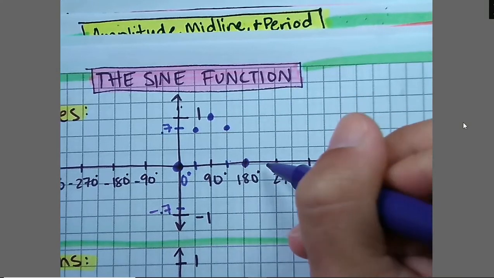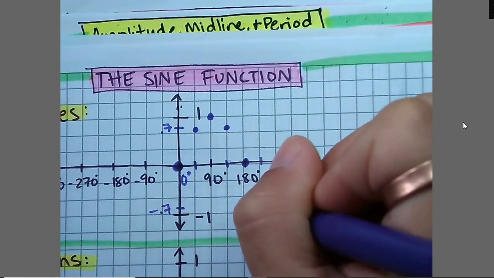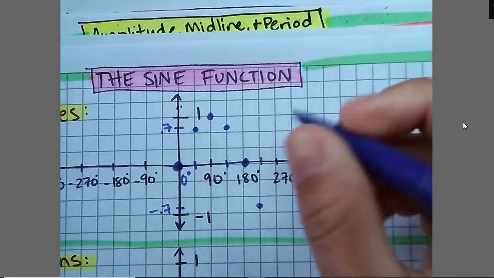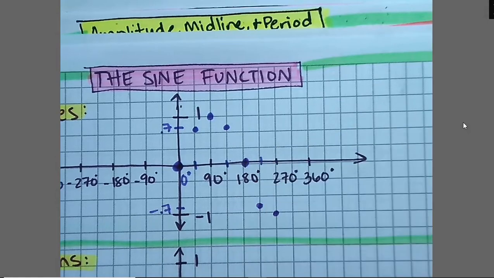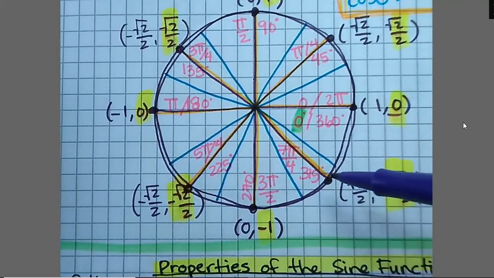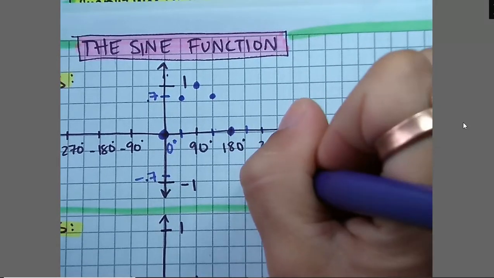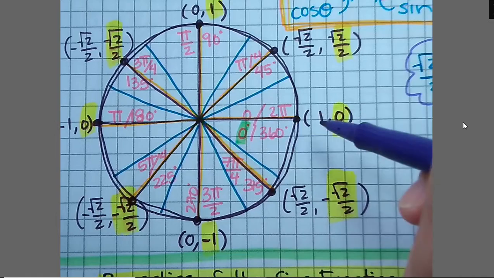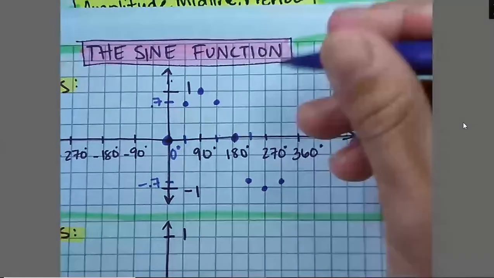And then we're going to negative 1 at 270, right here. Then at 315 degrees, it's going to be at negative root 2 over 2, which is negative 0.7. And then at 360 degrees, making a complete circle around, we're going to be at 0 again.